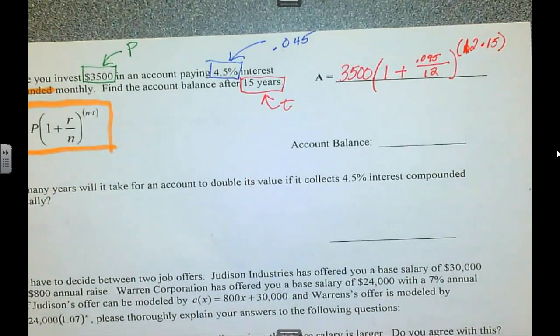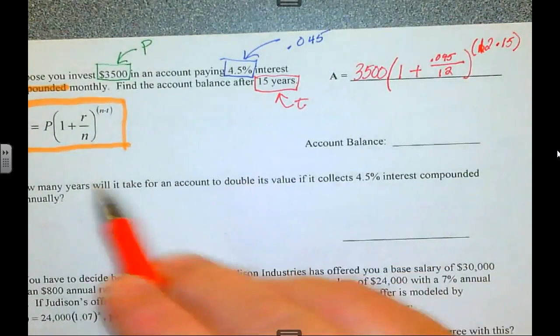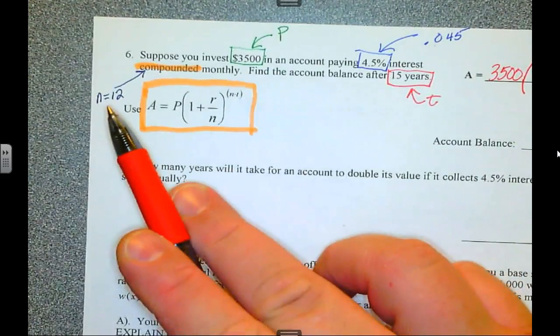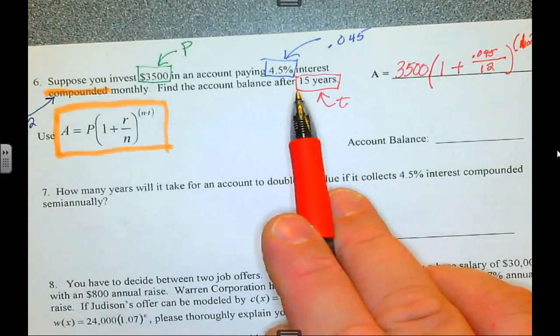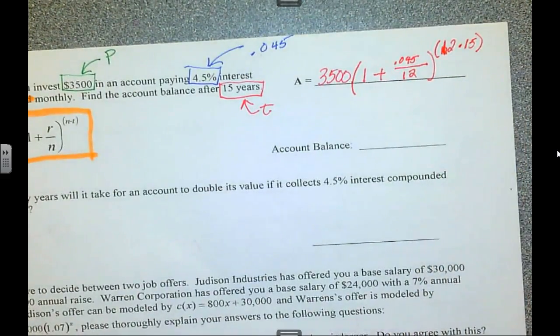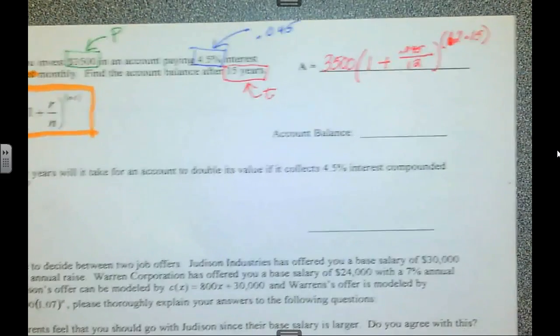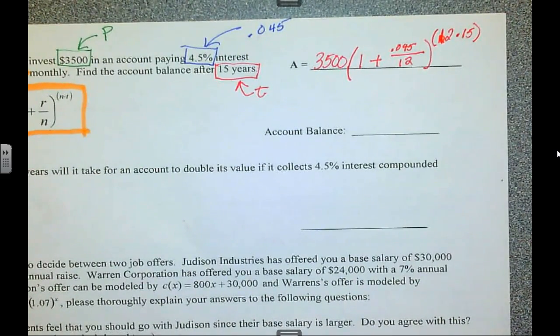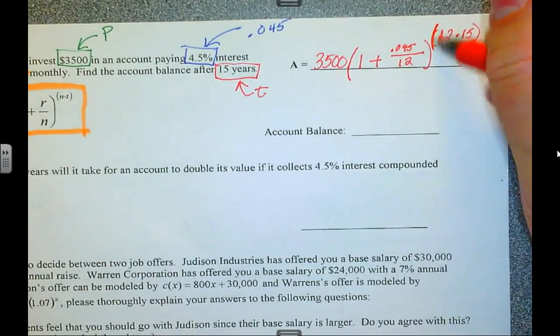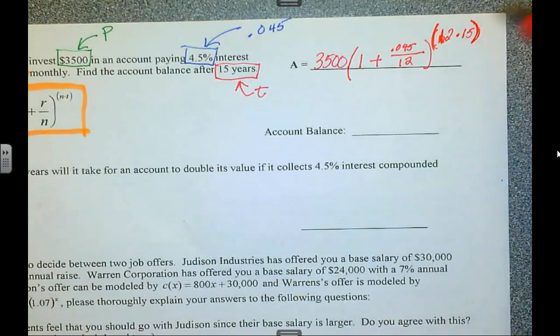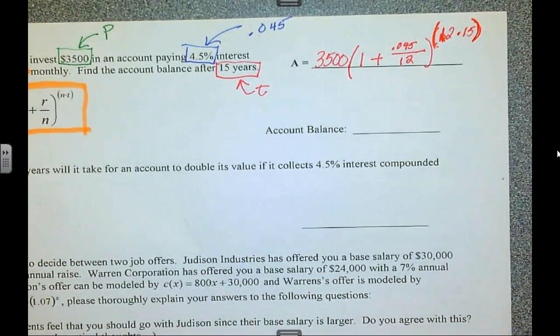Now, when you put this in your calculators, 0.045, that's my n, which is 12, times my t, which is 15. So 12 times 15. If you don't put parentheses around your exponents, you will get the wrong answer.